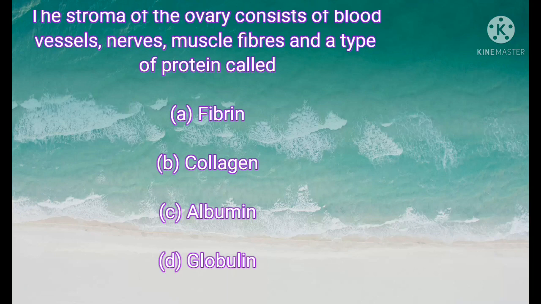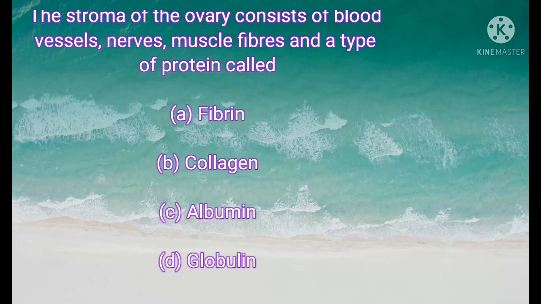These are fiber-like proteins present in the stroma, and the stroma is the part of the ovary which has this protein, the collagen protein. इथे collagen protein ह्या स्ट्रोमा मध्ये असतात, म्हणून यामध्ये जर 4 ऑप्शन पाहिले फिब्रिन, collagen, albumin, globulin, these are proteins, but here the right answer is the collagen fiber.